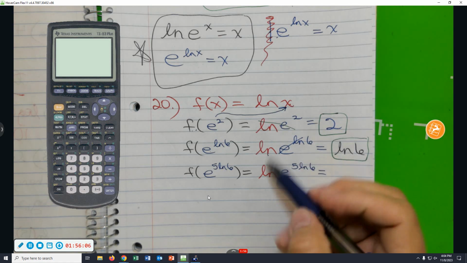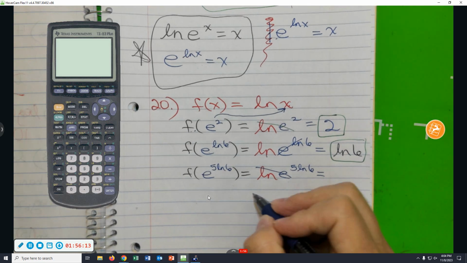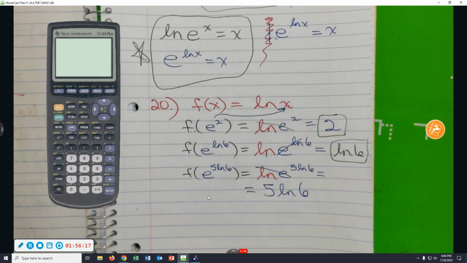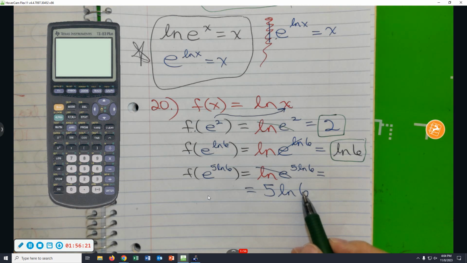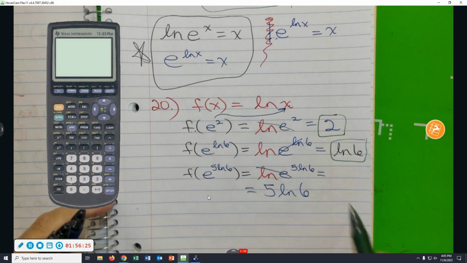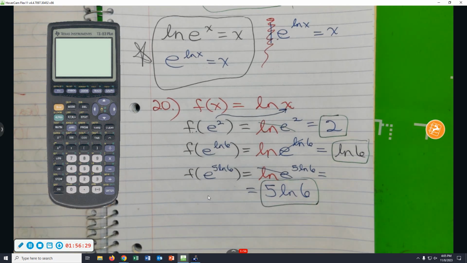All you can cancel is that one pair right there. So your final answer turns out to be 5 ln 6. I guess you can move the 5 up on the 6 as an exponent and get ln 6 to the 5th power. But then 216 times 36, I can't do that in my head. So why bother? Just leave it as 5 ln 6.